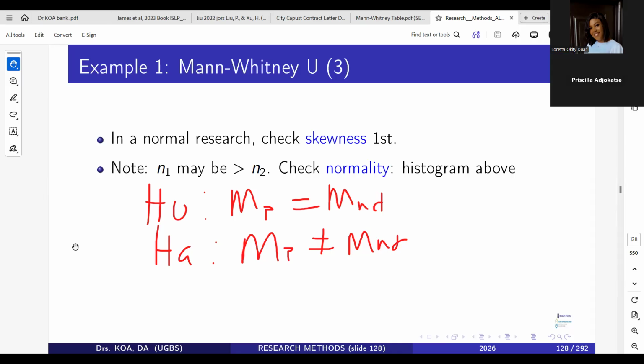Loretta, it should be lower. Which one should be lower? The new drug should be lower. Why? Because we are checking how effective it is. So if it's been administered and it has reduced the shortness of breath, then we know that the new drug is effective. But what?